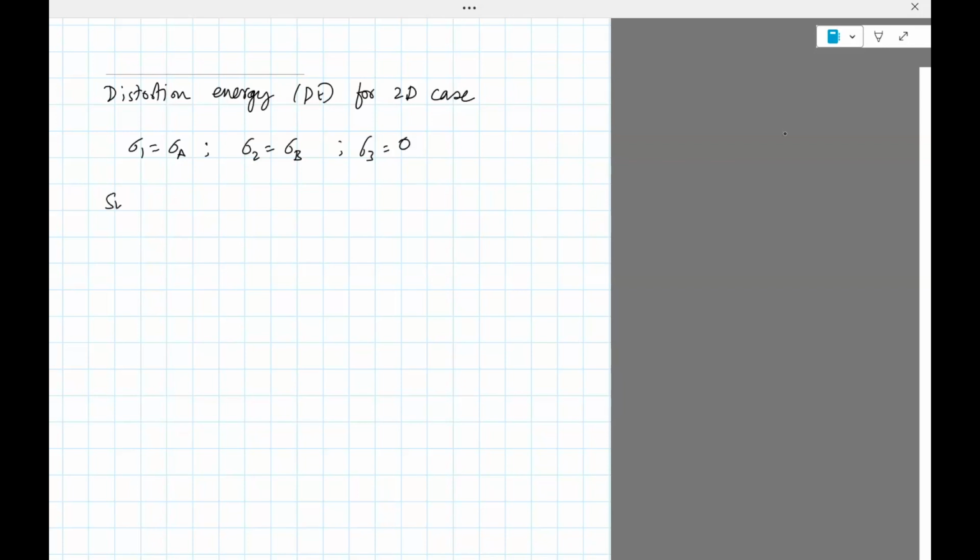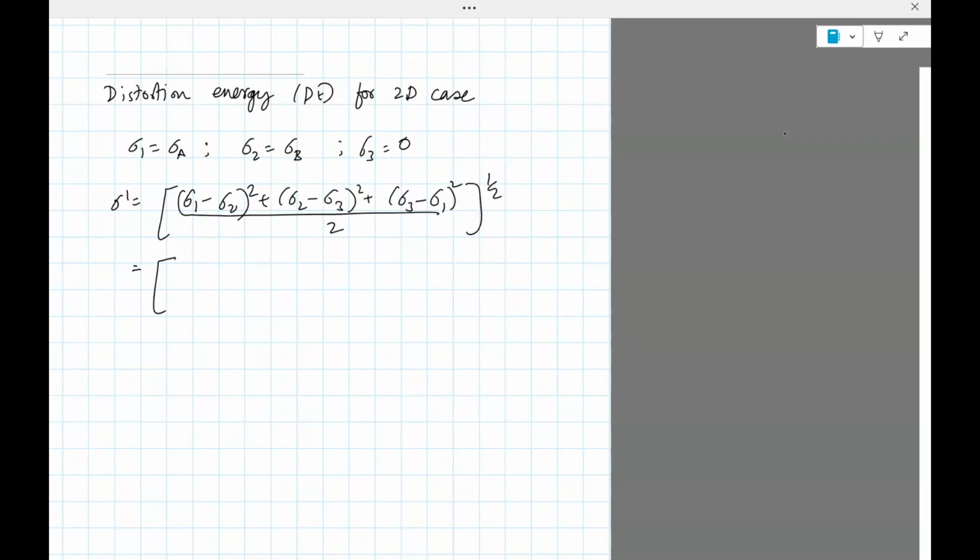Okay, so we substitute. We can just put that in the von Mises stress: sigma 1 minus sigma 2 square plus sigma 2 minus sigma 3 square plus sigma 3 minus sigma 1 square divided by 2, and then we need to take the square root. So we sub this value here: sigma A minus sigma B square plus sigma 2 is sigma B minus 0 square plus sigma 3 is 0 minus sigma 1 is sigma A, divided by 2 and square root sign.